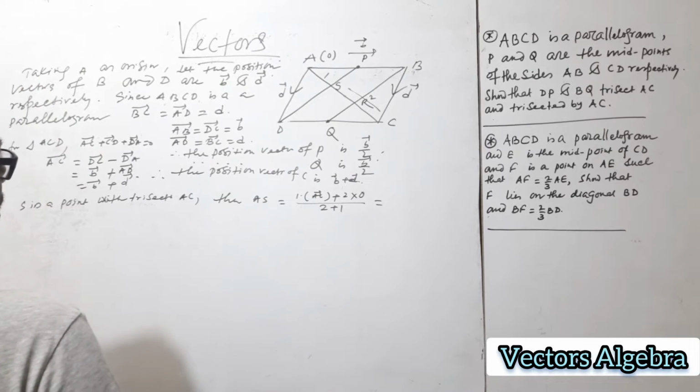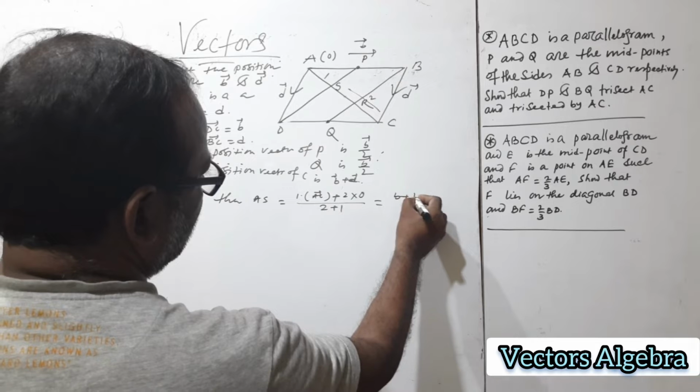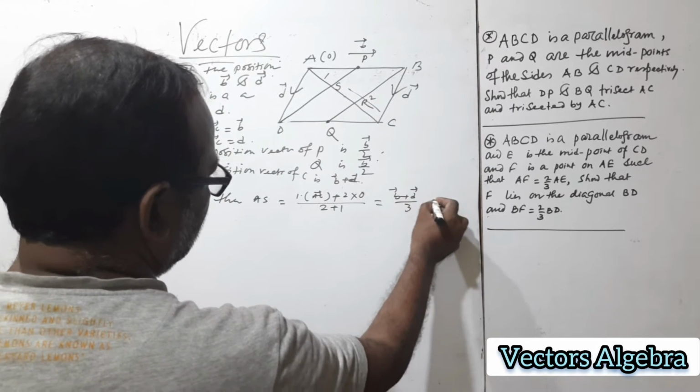And AC means the position vector of C, so that is b plus d by 3.